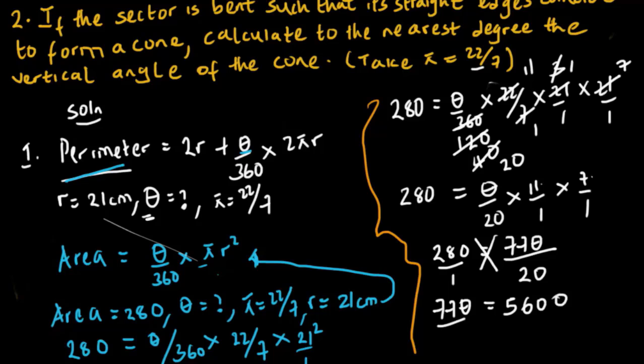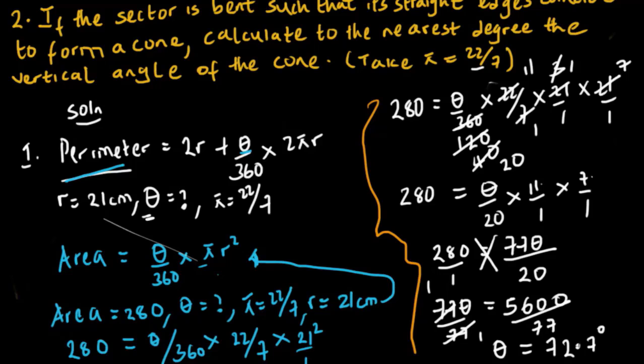To find theta, we divide both sides by 77. So theta equals 5,600 divided by 77, which gives 72.7 degrees.